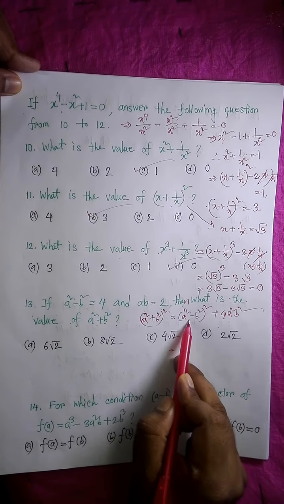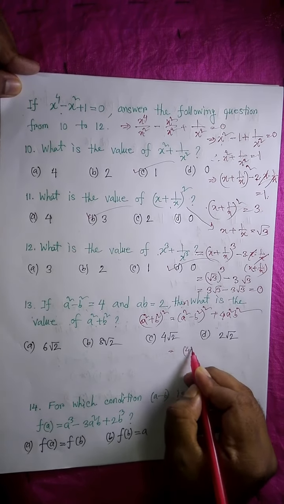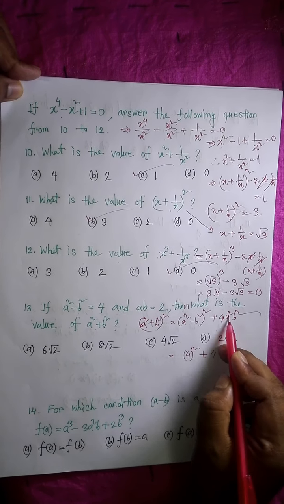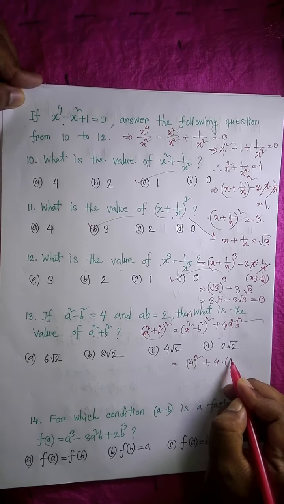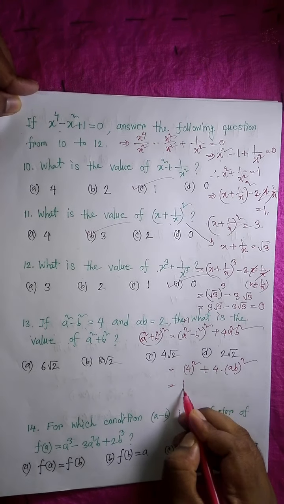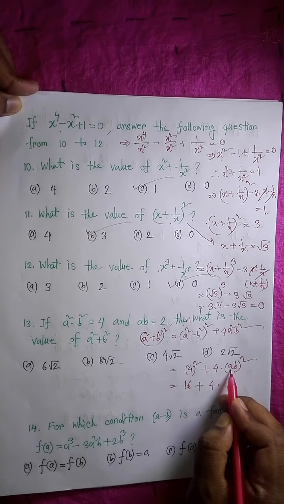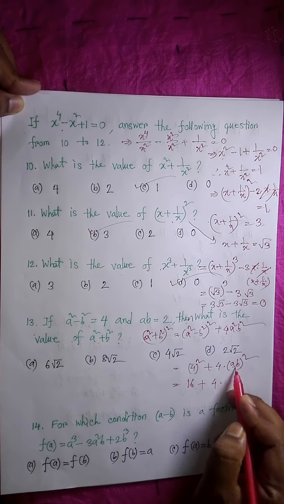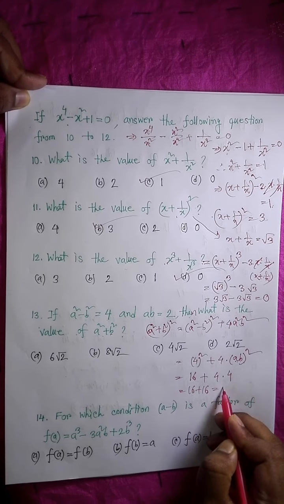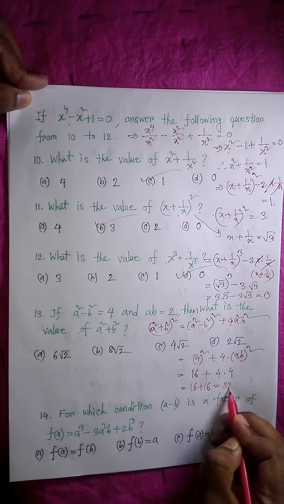Then here the value is 4, so 4 whole square plus 4 into a square b square. We can write it as ab whole square. So this one becomes 16. 4, the value of ab is 2. 2 square equal to 4. So 16 plus 16 equal to 32.